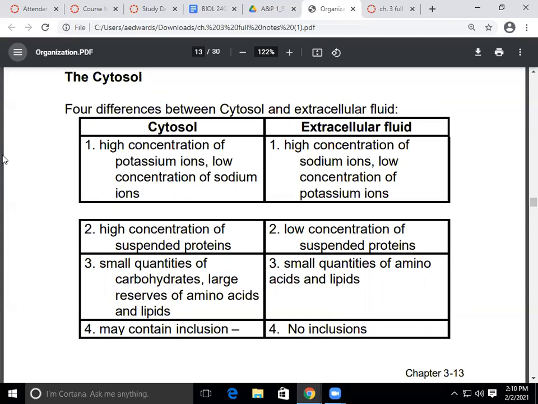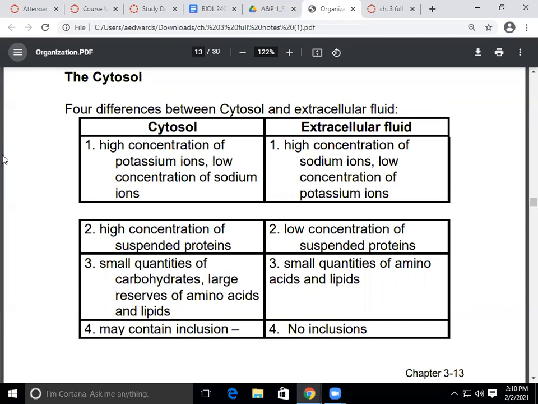Second difference: cytosol has a high concentration of suspended proteins in it, while extracellular fluid has a low concentration of suspended proteins. The cytosol has small quantities of carbohydrates and large reserves of amino acids and lipids, whereas the extracellular fluid has small quantities of amino acids and lipids.